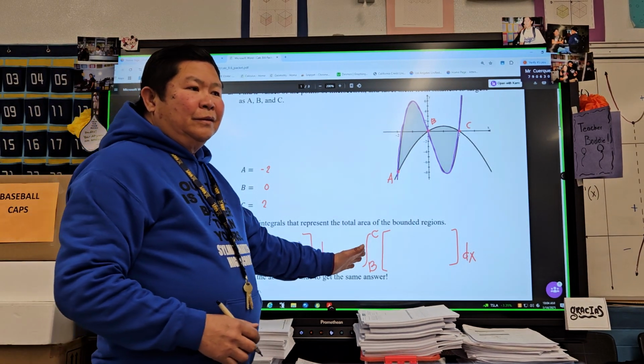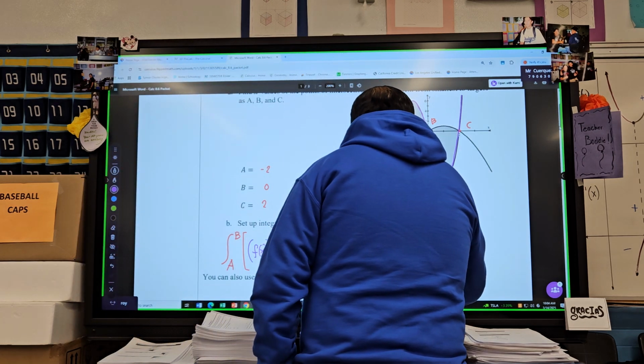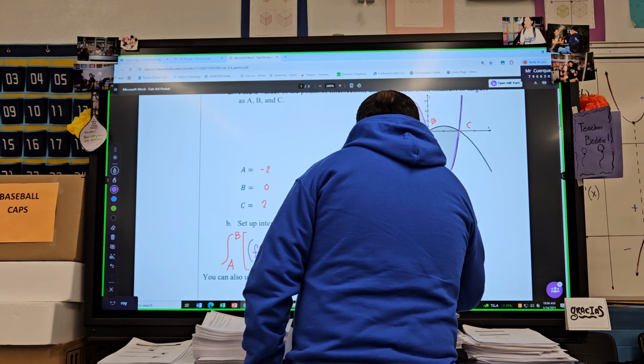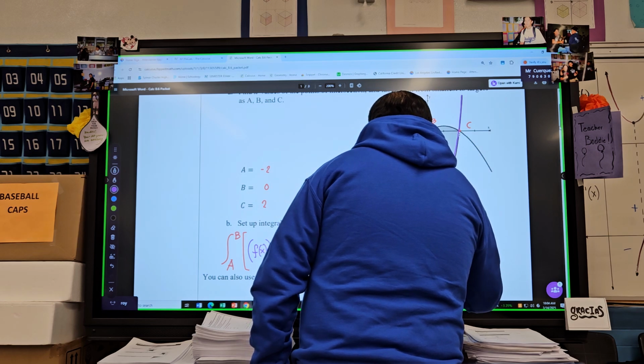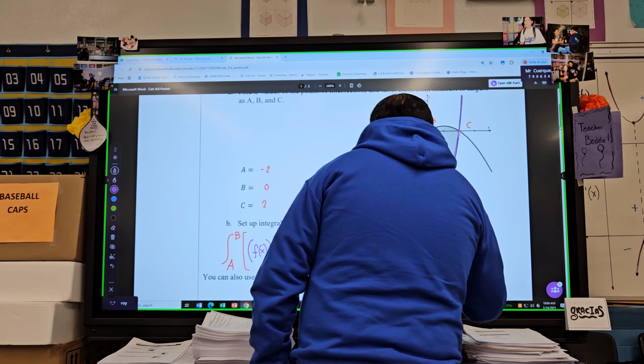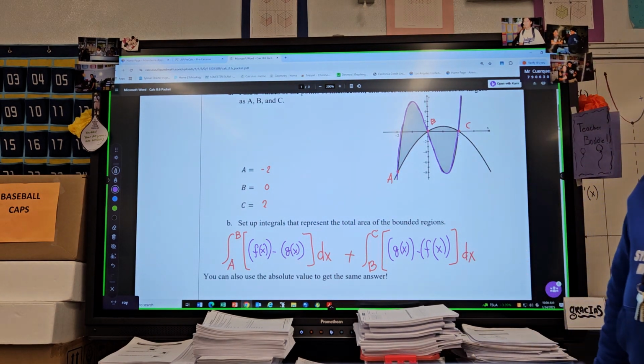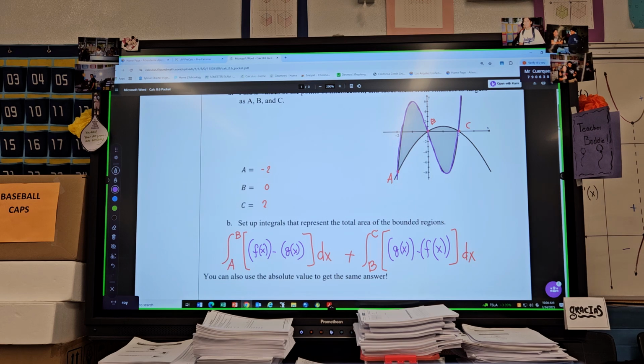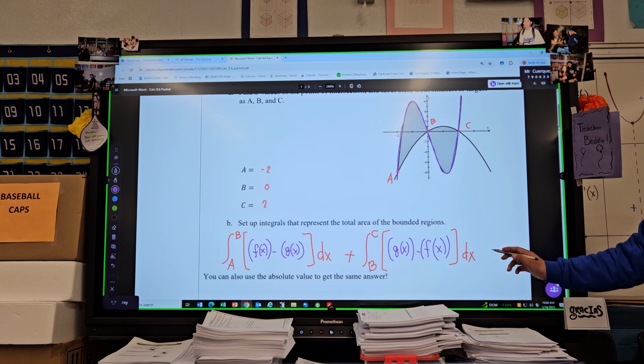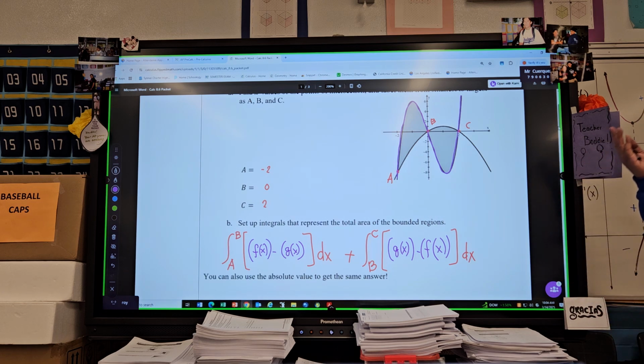And then, the next one is g of x minus f of x. Okay. Clear now? Okay. So, continue guys. Check your work. The area for this is 24. Okay. So, can I move this up now? Can I move this up?